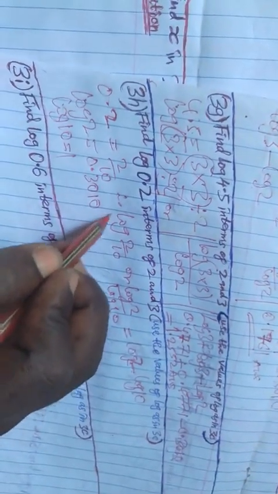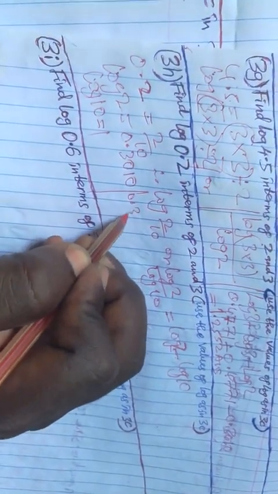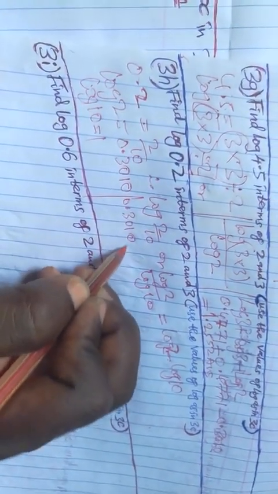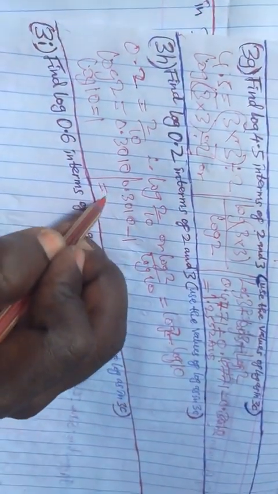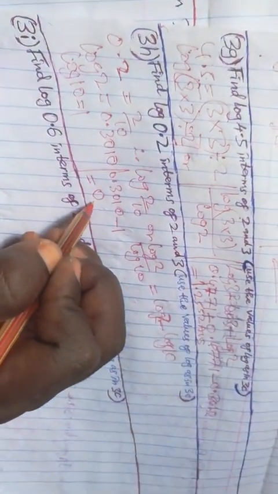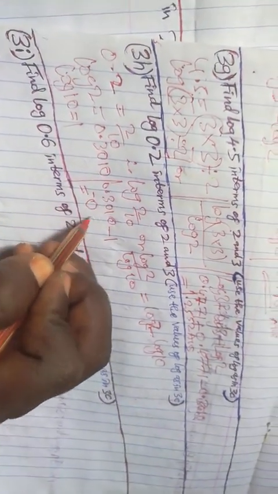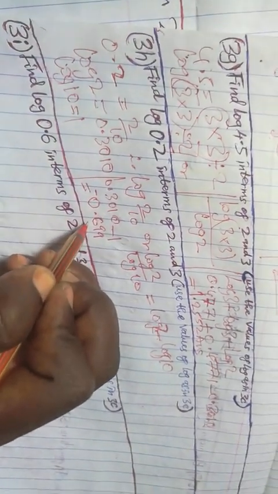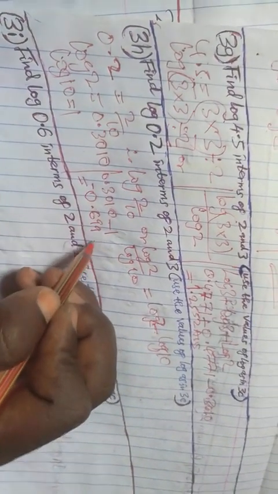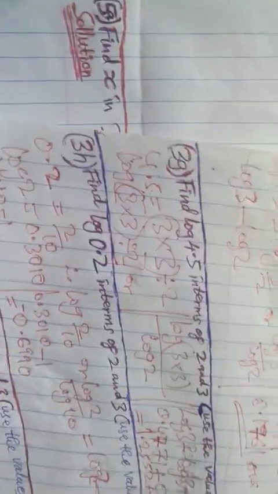Therefore, 0.3010 minus 1 is the same as negative 0.6990. Okay, this could be the answer.